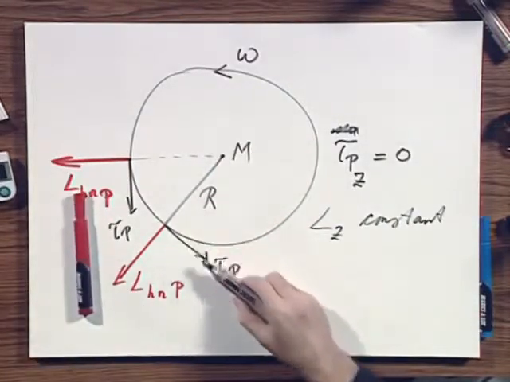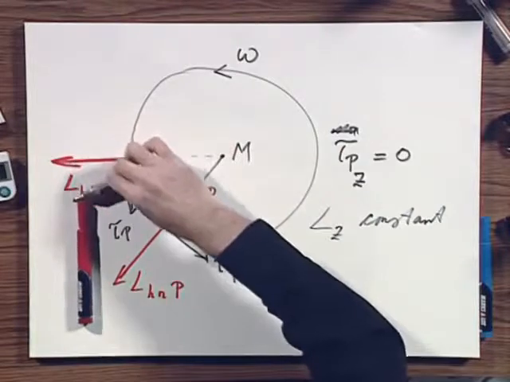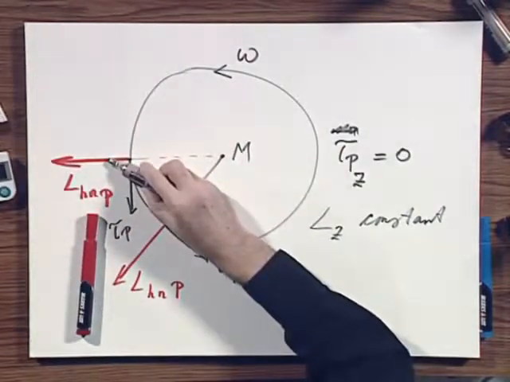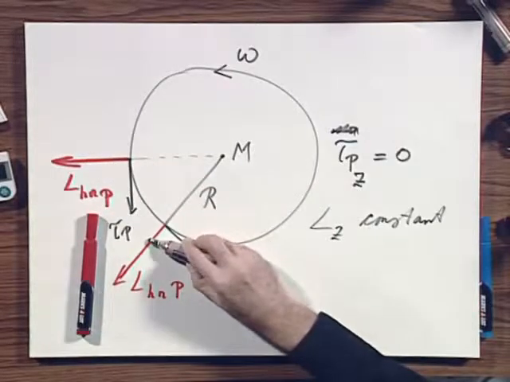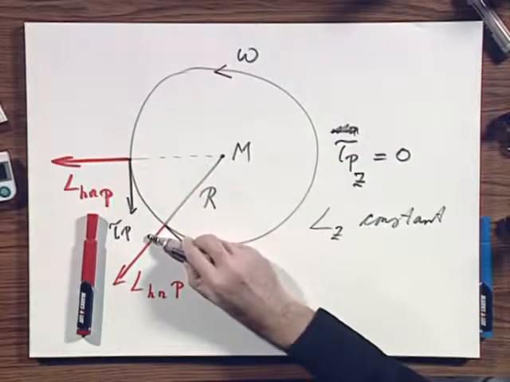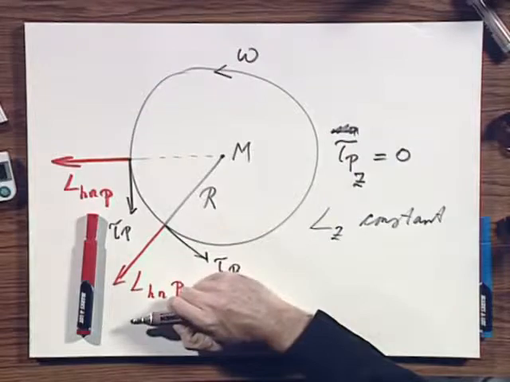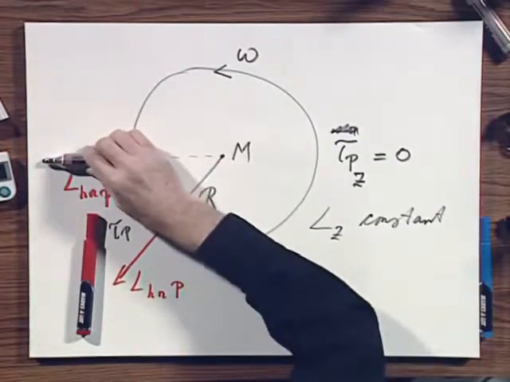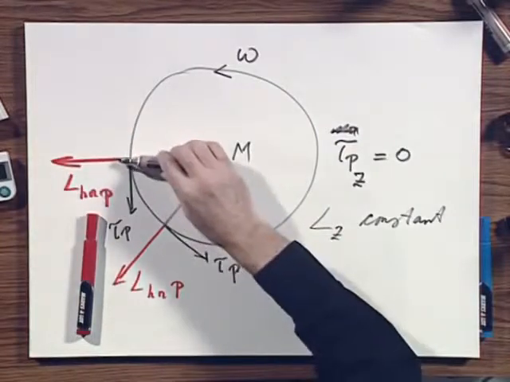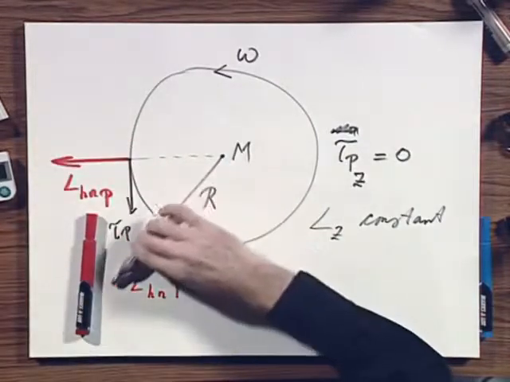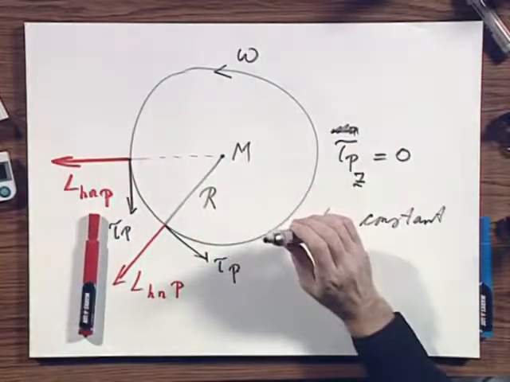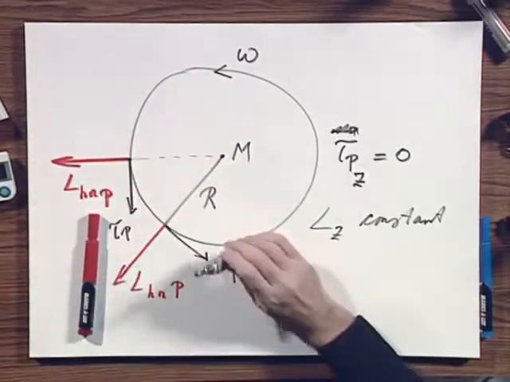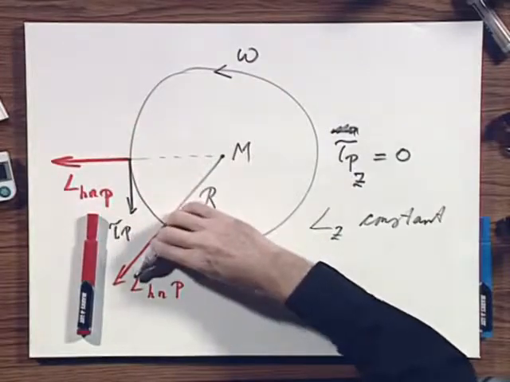So this torque, so to speak, drags this angular momentum along. The direction of the horizontal component changes, but the magnitude of the horizontal component remains constant. I said Lz, but I meant the magnitude of the horizontal component remains constant, but the direction changes.